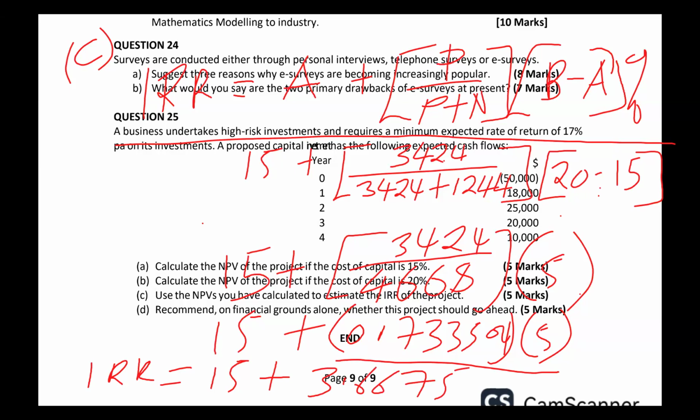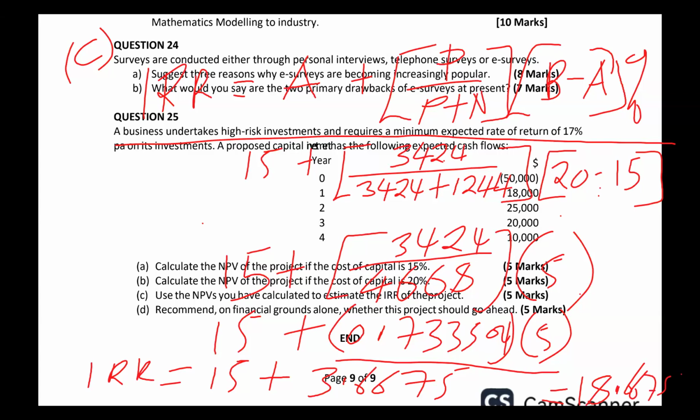That should be 18.6675. Yes, that's your IRR. 18.667, rounded up to 19%. If you round it off, you can round it off to 19%. That's the IRR. Is that clear? We'll go to D.